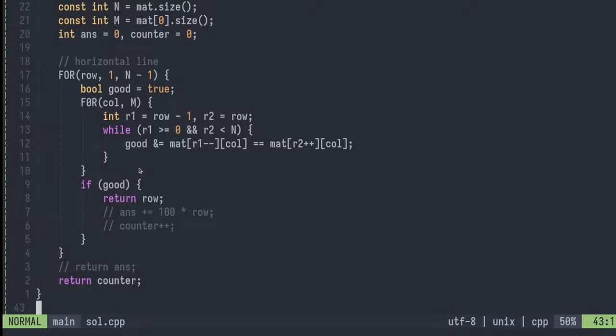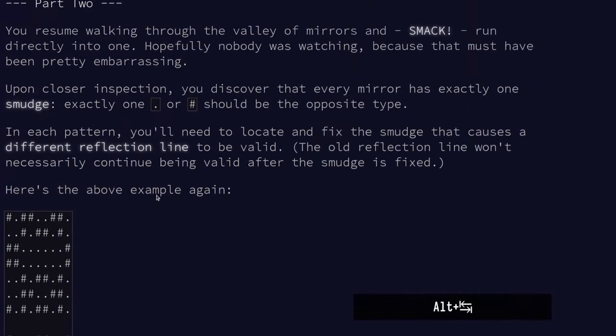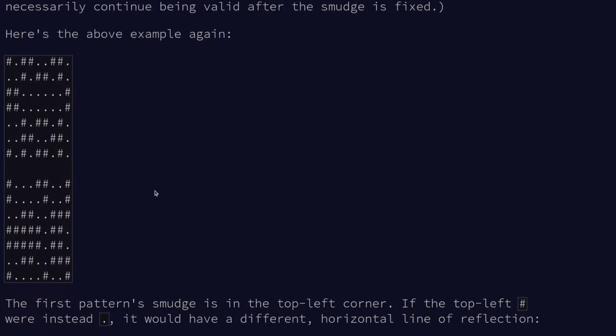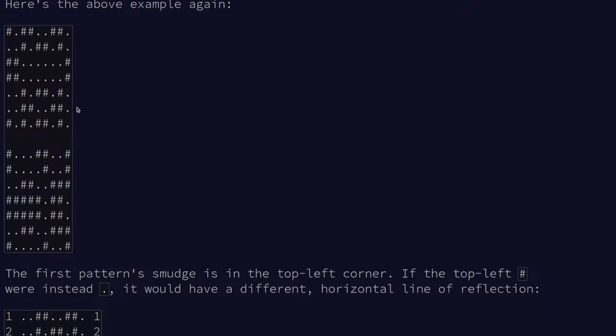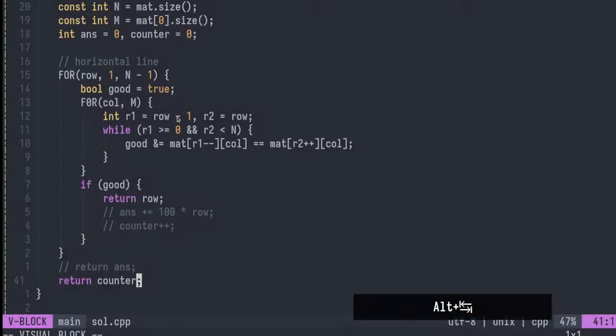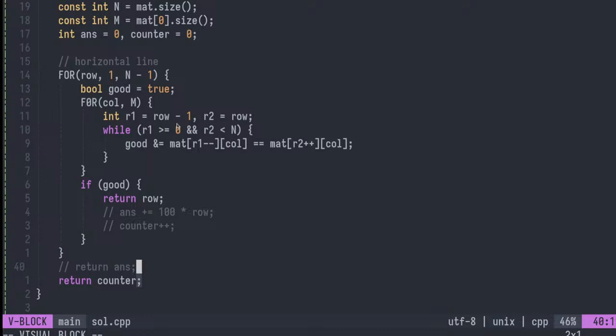Okay, it returned the counter maybe. Okay, it didn't find anything in that case, I guess. So maybe there is no horizontal line in that case, I guess. So what I can do is... between 0 should be fine still.